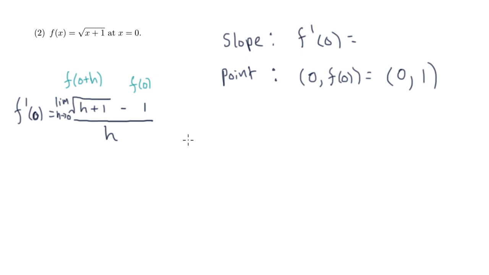That's important. Okay, so if I try to take this limit, like I said, I'm going to get an indeterminate form. So I'm going to multiply by square root of h plus 1 plus 1 on the top and bottom.